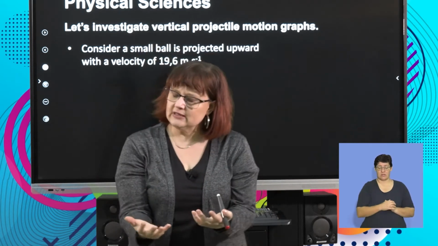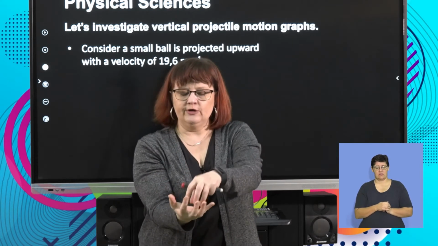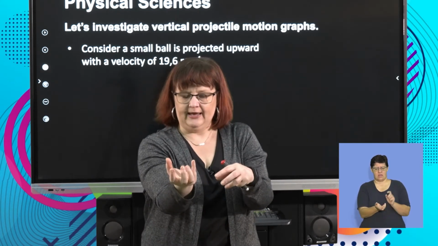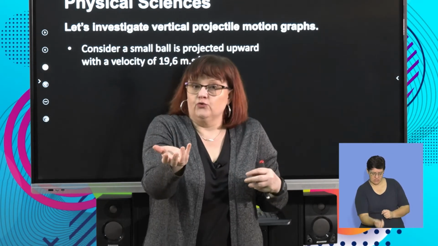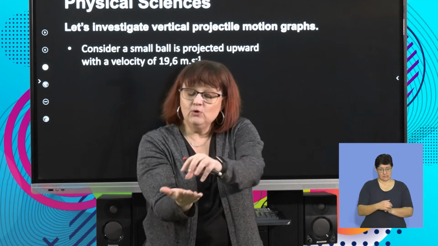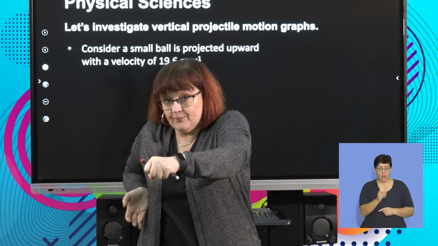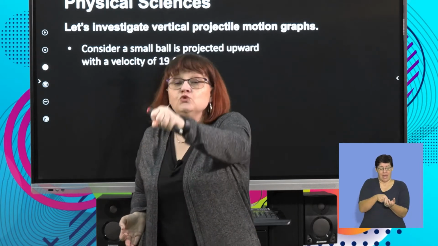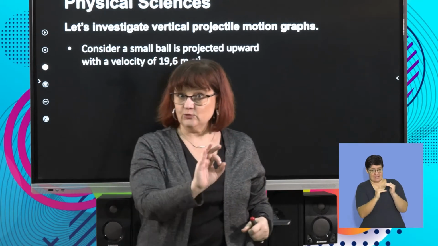And I know for some of you that you don't like this whole thing because you go, what about when the ball's in your hand? We're considering, yes, my hand has to exert a force on the ball, but I'm looking at when the ball leaves my hand, okay? Then my hand's no longer part of the issue, and it's moving just under the force of gravity, okay? So that's what we're looking at.